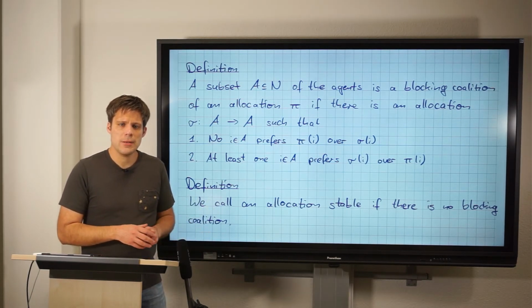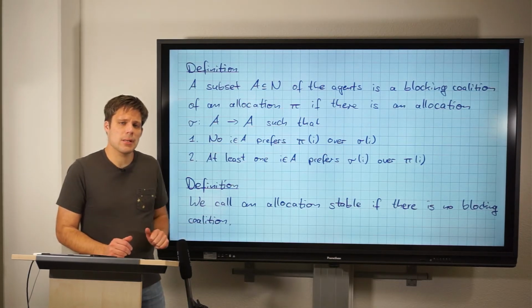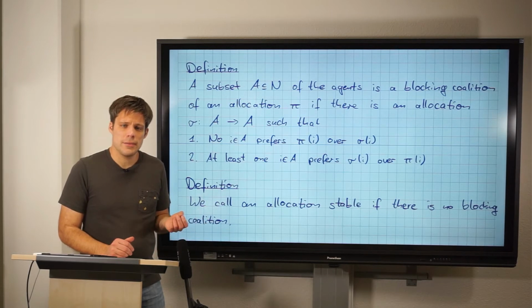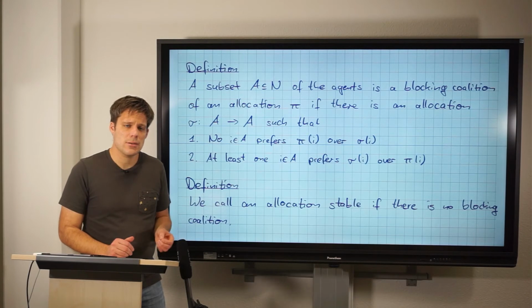But of course, the big question is, is there always such a stable allocation? And if so, is it difficult to find or not? Well, as we'll show, not only is there always a stable allocation, but it is also pretty easy to find with a somewhat simple algorithm.